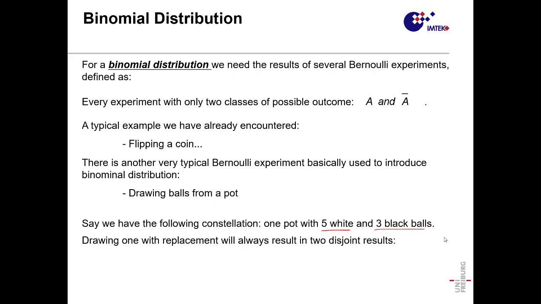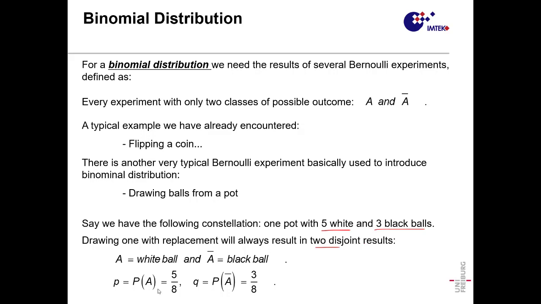So you get two disjoint results. If it was one time, let's say that A is white and A complement is black. The probability to get a white would be 5 over 8, because you have 5 white over 5 plus 3, 8 in total. And the probability to get a black would be 3 over 8, because you have only 3 black and 8 in total.